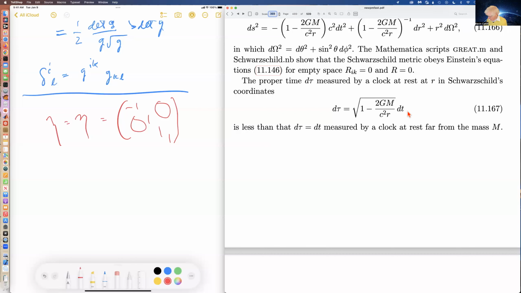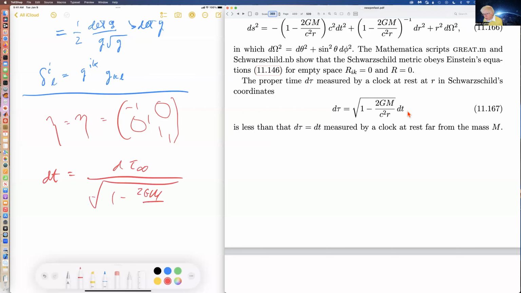To say it again, dt, the time between ticks, is the dTau at infinity divided by this 1 minus 2GM over c squared r.